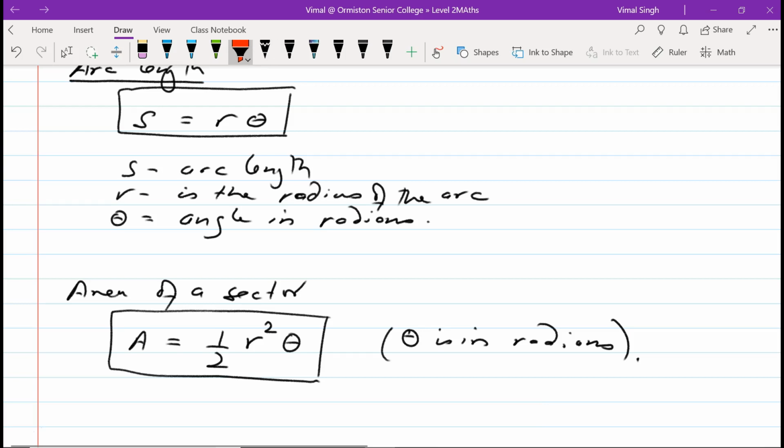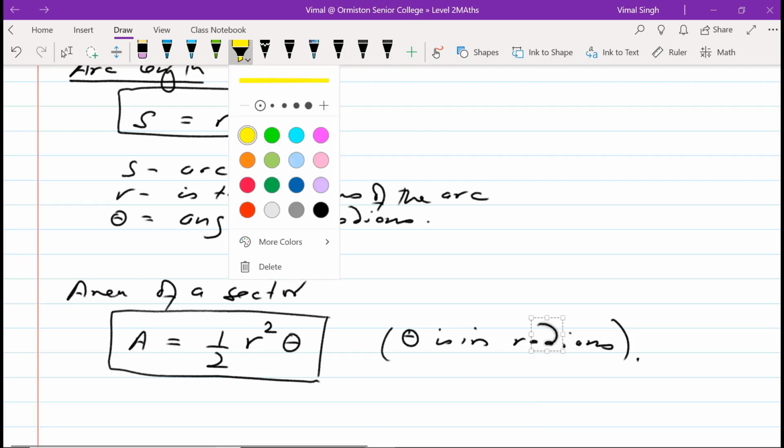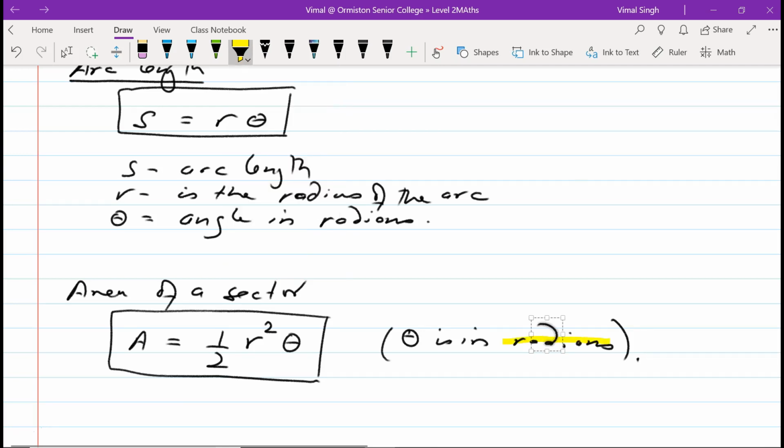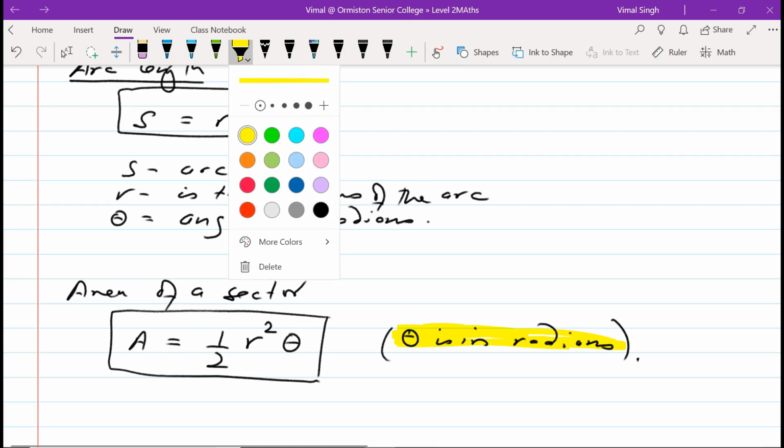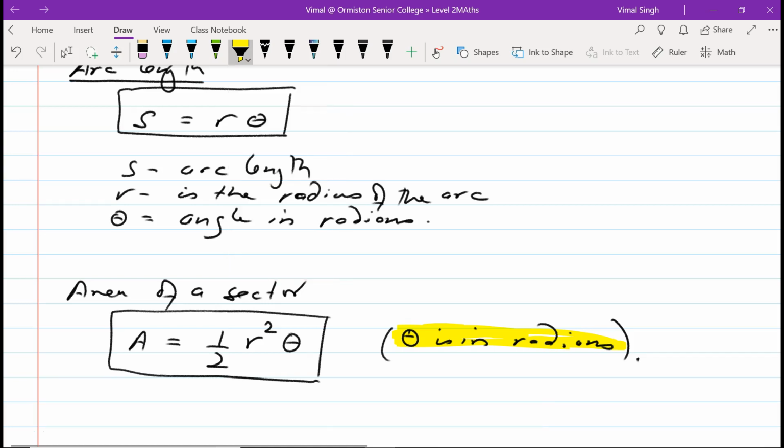And I'm just going to highlight this for people over here, that theta is going to be in radians.